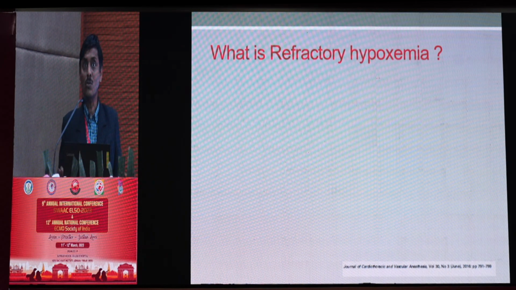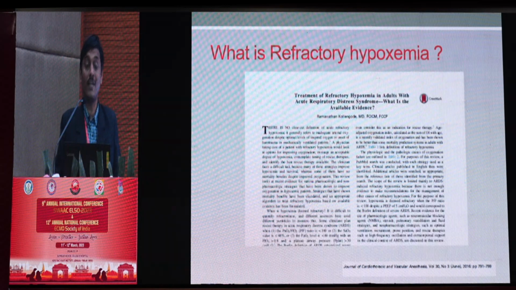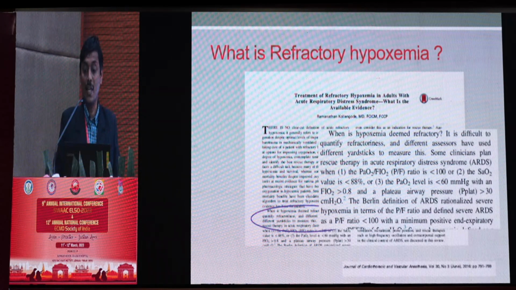Now, if you go through literature per se, especially the ARDS literature, you'll find that there is no proper definition of refractory hypoxemia. This was a paper that I published in the Red Journal about 7 years back. I don't think things have changed in the last 8 years in any big way. Hypoxemia being deemed refractory, there are multiple definitions to it.